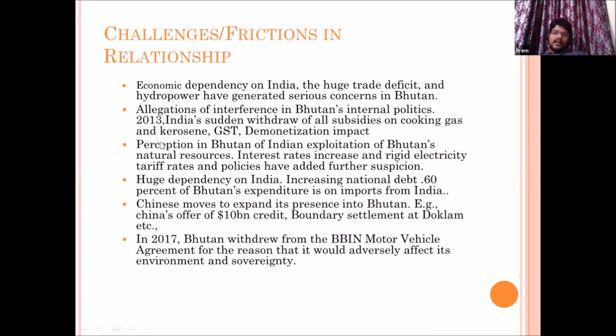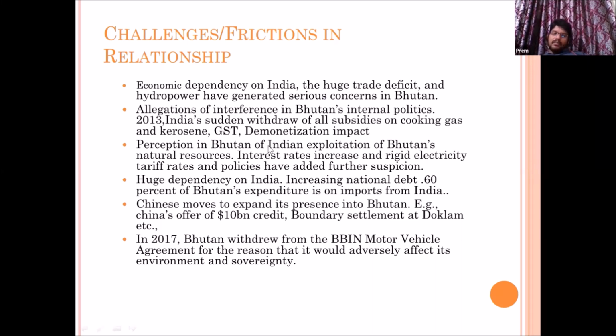And third thing, there is a slowly growing perception. It is not that large, but there is a growing perception that Bhutan is being exploited by India, because they are very sensitive about their natural resources. So having many hydropower projects is going in a negative way, as it is damaging their natural resources. And also the loan interest rates are going high, and the tariff rates on electricity are going down. Bhutan has to export that electricity to India, right?